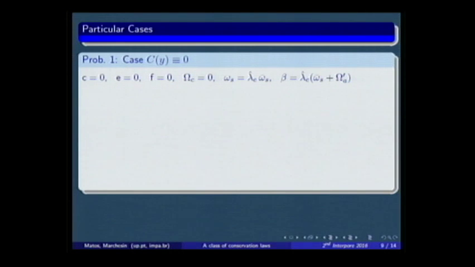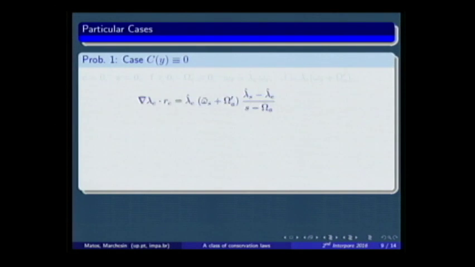Well, the first case is when C vanishes. So a lot of other things vanish, and one of the most important things is that in these functions here, we can put lambda E multiplying something. So the inflection becomes the union of three things: the coincidence, the vanishing lambda E, and another set that is when this vanishes.